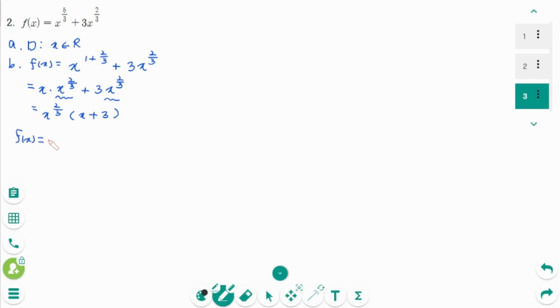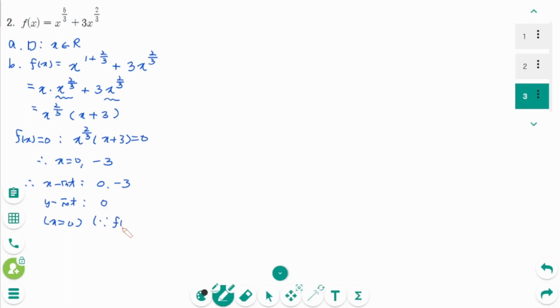f of x equals 0. That means x to the power of 2 over 3 times (x plus 3) equals 0, and x equals 0 and minus 3. So the x-intercepts are 0 and minus 3. The y-intercept, when x equals 0, is also 0 because f of 0 equals 0.